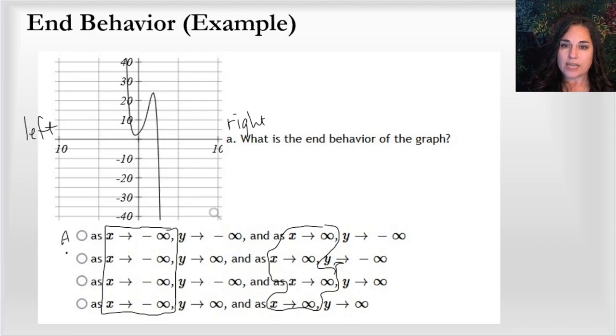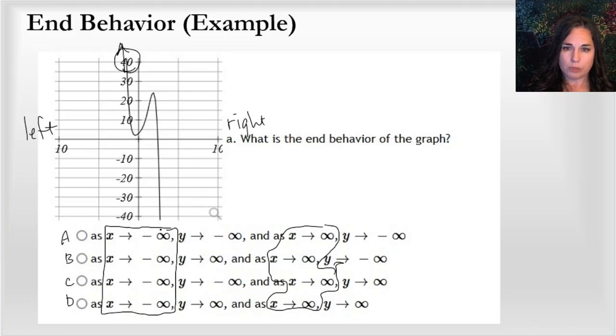If I label these A, B, C, and D, go ahead and guess which one you think it is. There's some interpretation to do. Part of this class is getting you used to the notation. This arrow notation: as x goes to negative infinity, y goes to positive infinity.